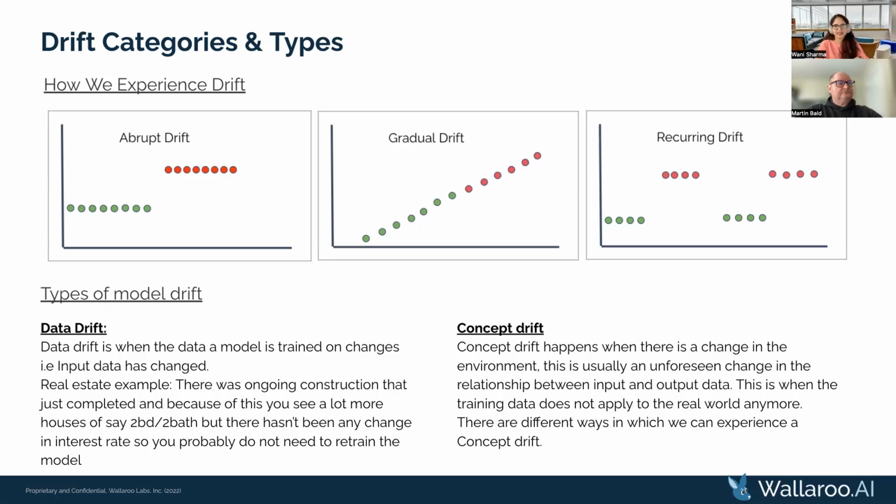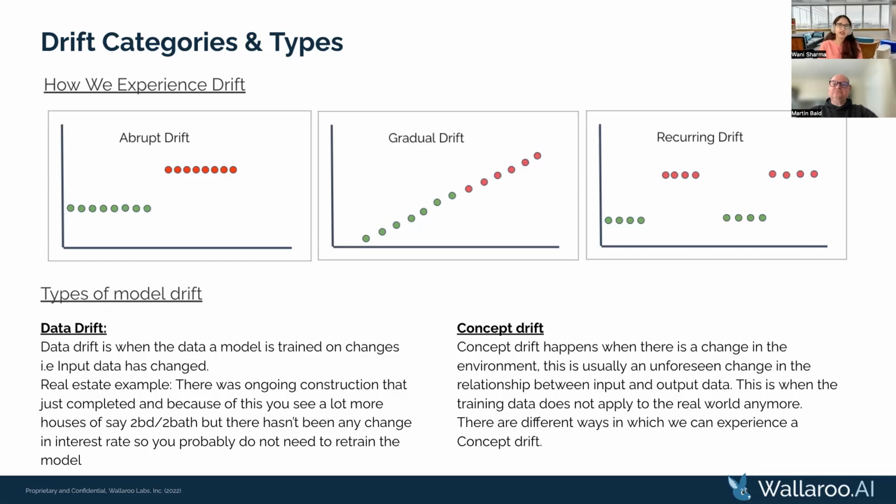It's my favorite example. Imagine you have a real estate model, and this model shows distribution of houses based on bedrooms and bathrooms in a particular neighborhood. So when you deployed this model to production, you were aware that there's an ongoing construction that's happening in the neighborhood, and suddenly your model starts showing more, say, two-bed, two-bath apartments.